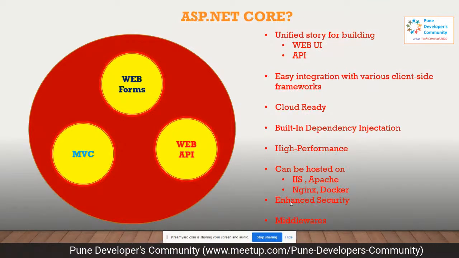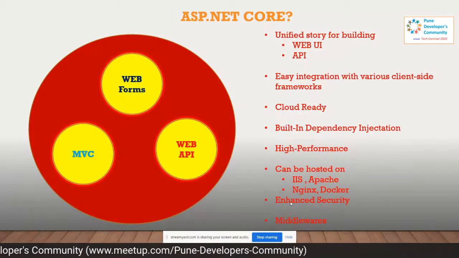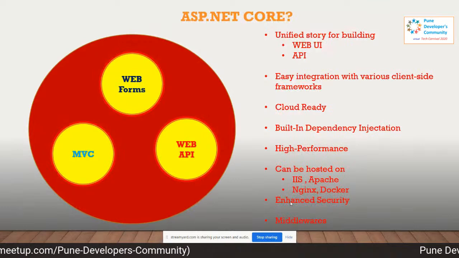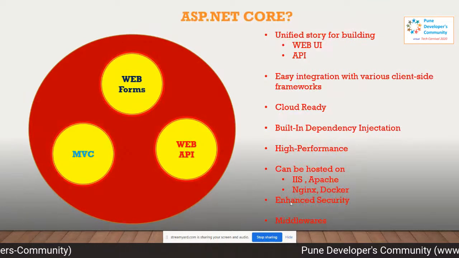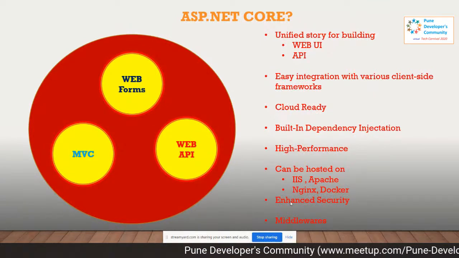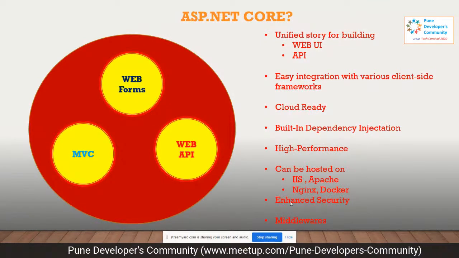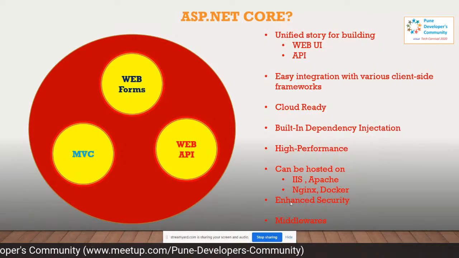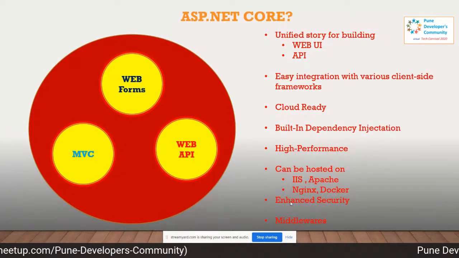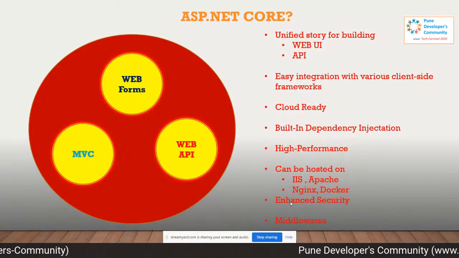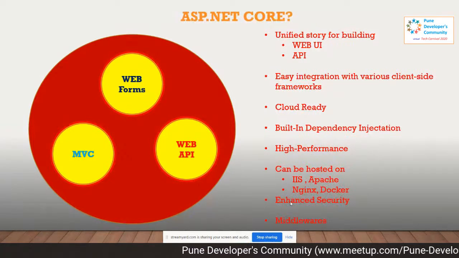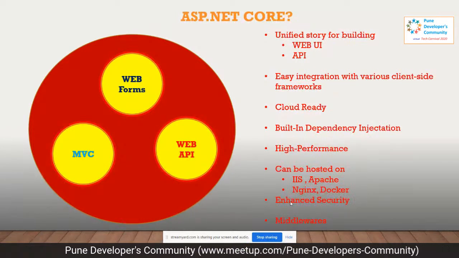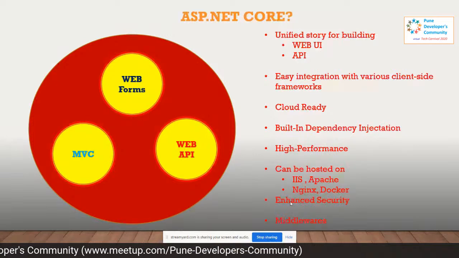And this is the reason why we call it a unified story for developing modern applications, unlike its predecessors, ASP.NET MVC, web API, or web forms on .NET. So these share the common object model for request processing in a request pipeline.